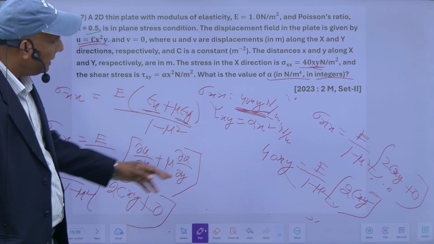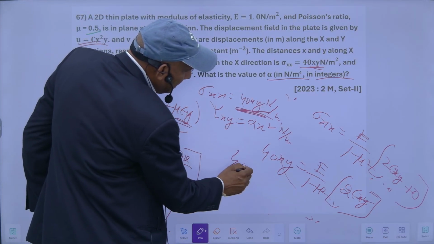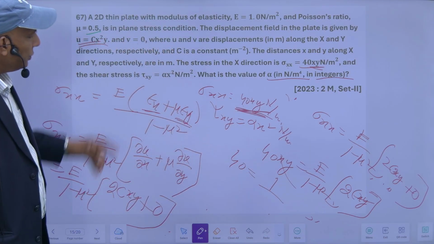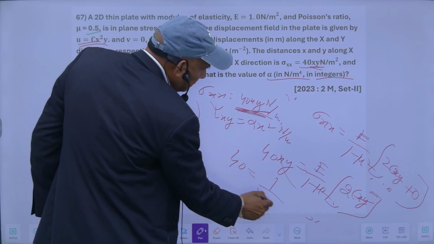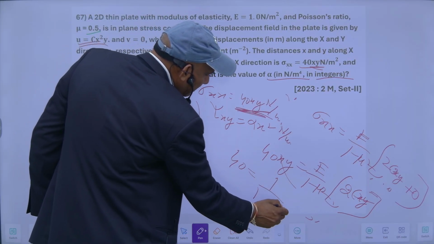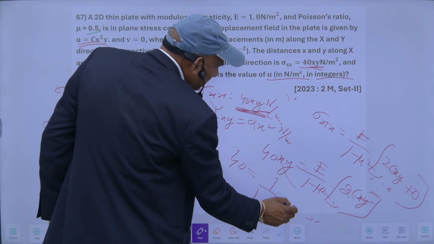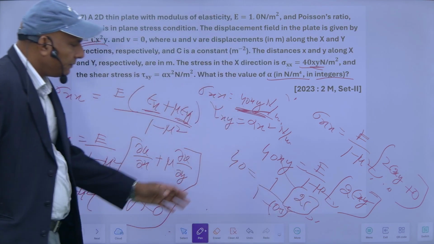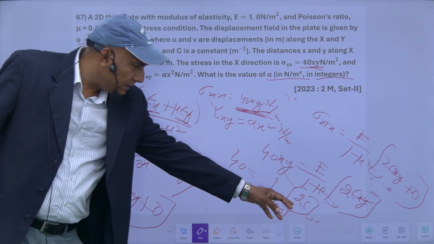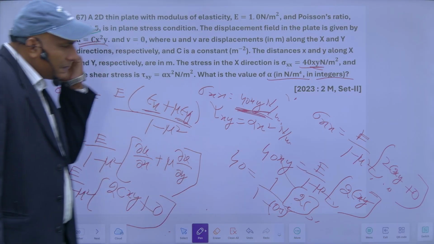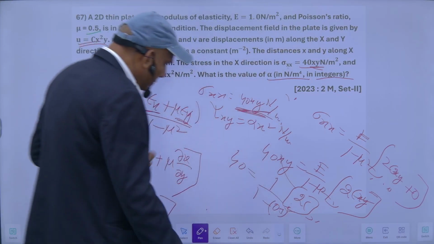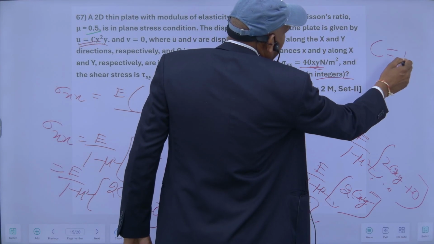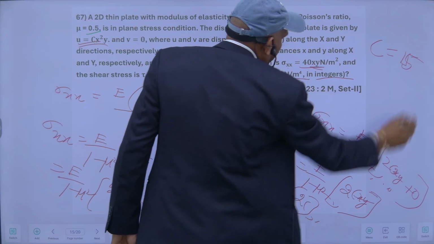And what is the value of E? The value of E is equal to 1, and 1 minus mu square means 1 minus 0.5 square, into 2c. So from here we can calculate the coefficient c. After solving, c will come out to be 15.